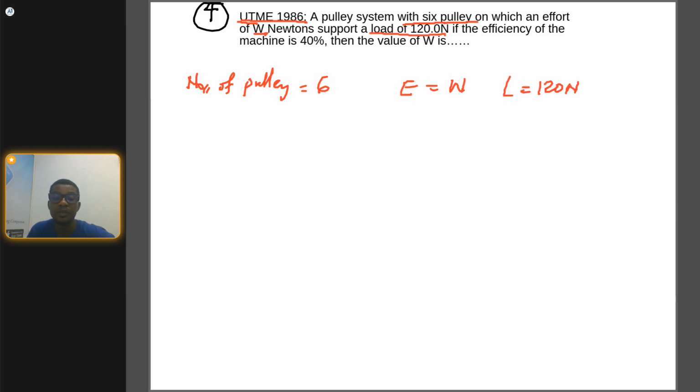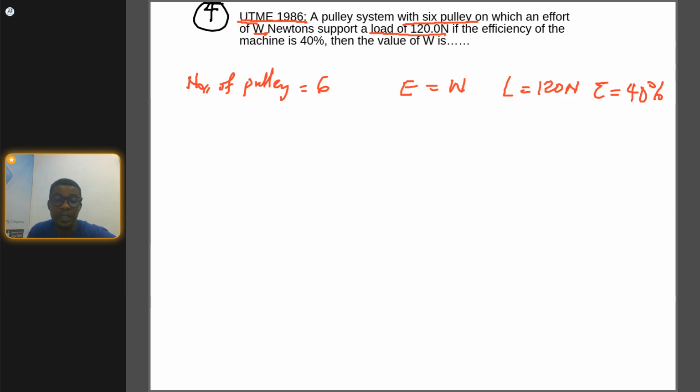If the efficiency of the machine is 40%, what is the value of W?